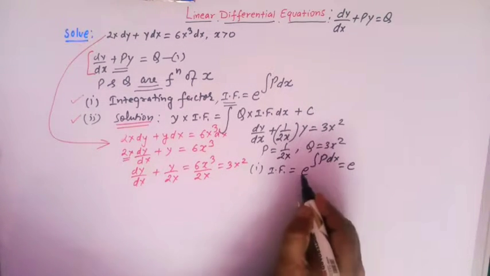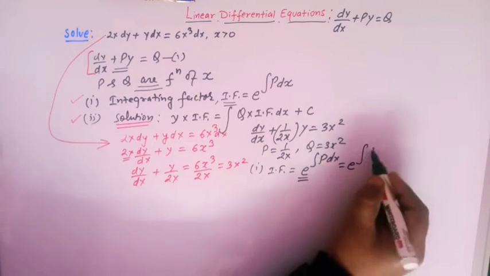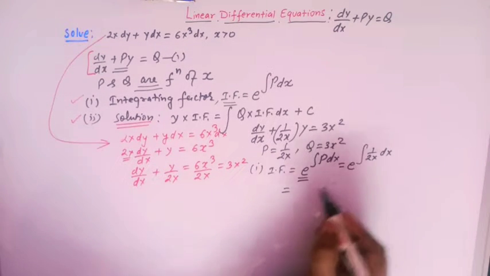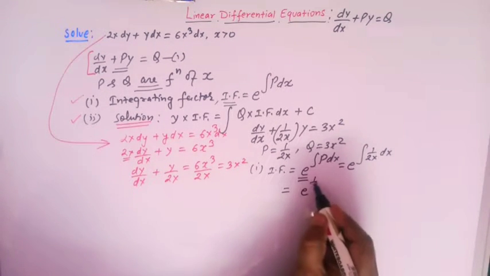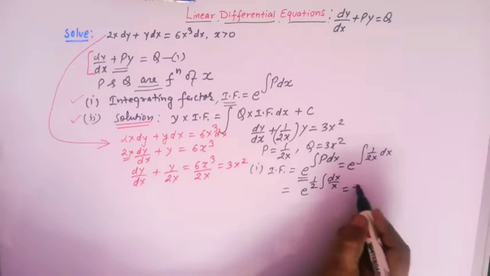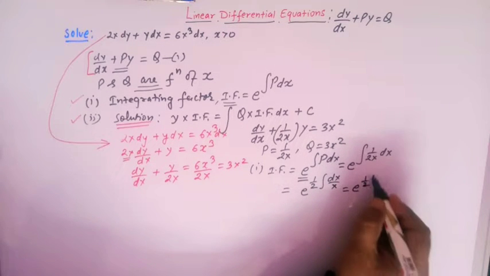Now we'll find out the integrating factor, which is e raised to integral of p dx, where e is the exponential number. Here p is 1 over 2x, and this can be written as half times dx over x, and the integral of 1 over x is log x.